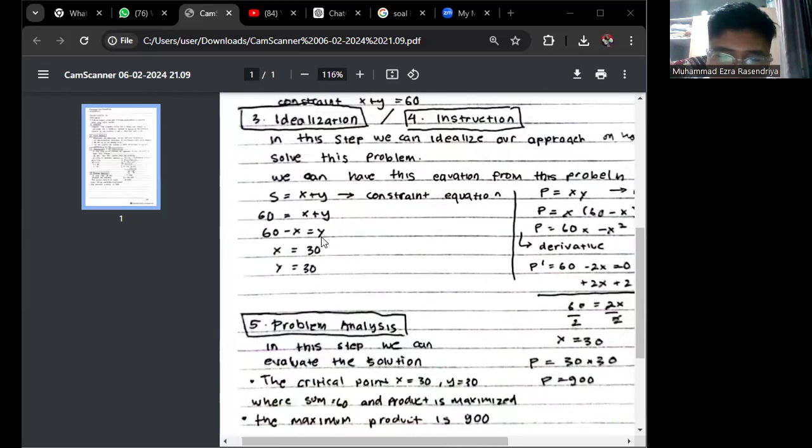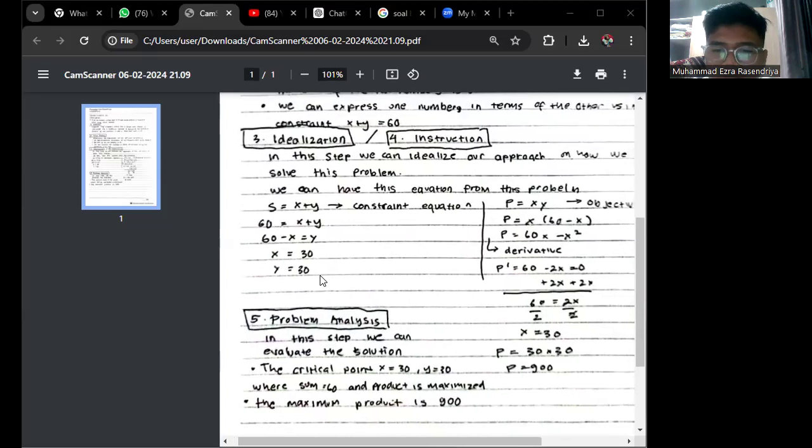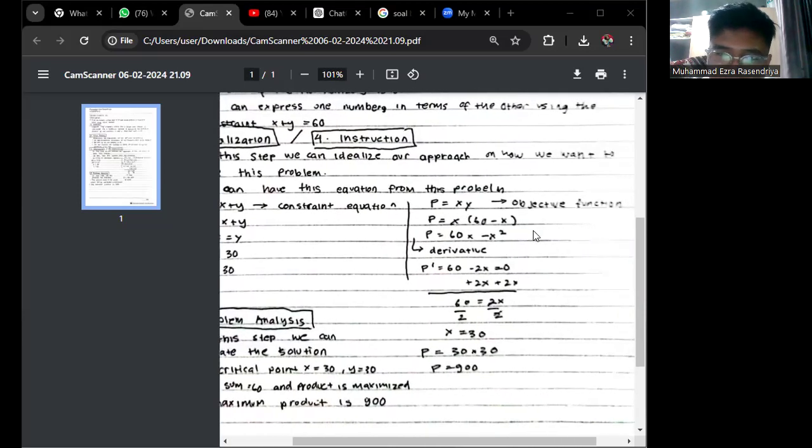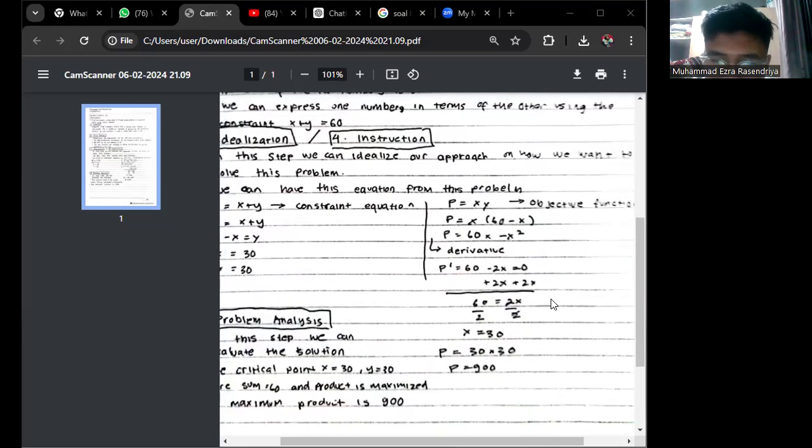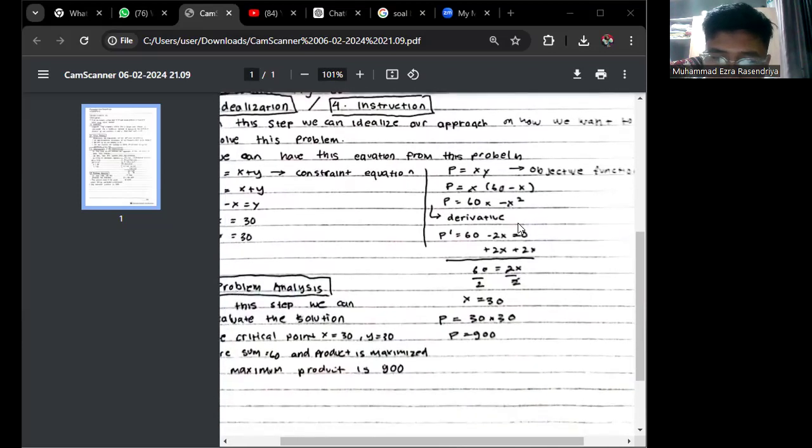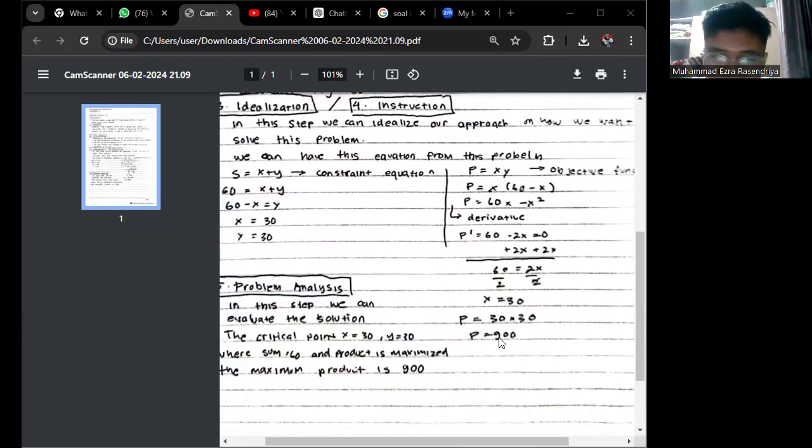Now we already have x, and we can solve y also, where we can get y equals 30. From this we can solve the objective function where the product is x times y, which means 30 times 30 equals 900. Now we already solved this equation.